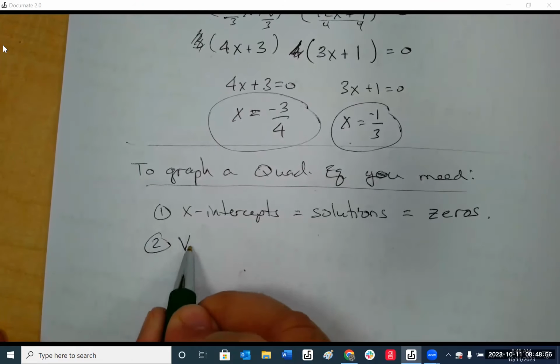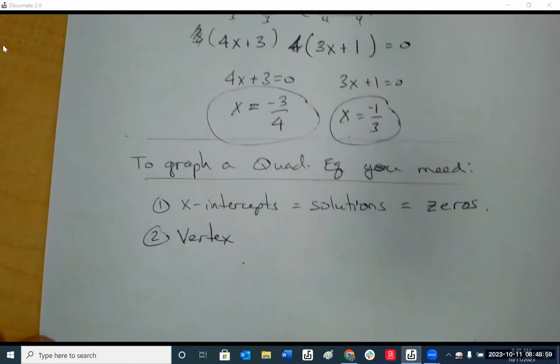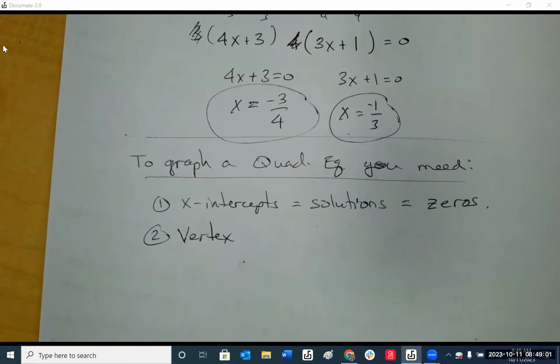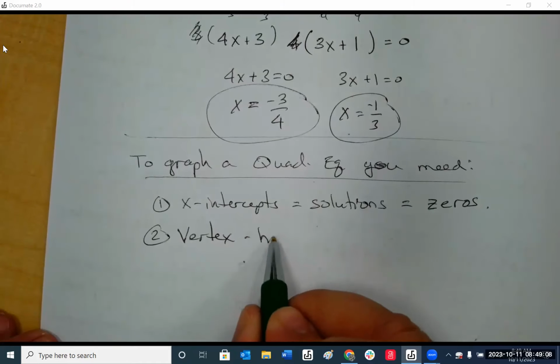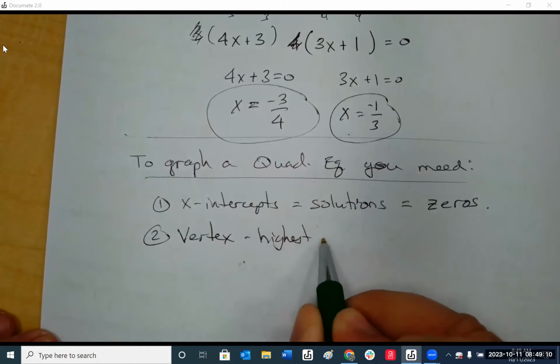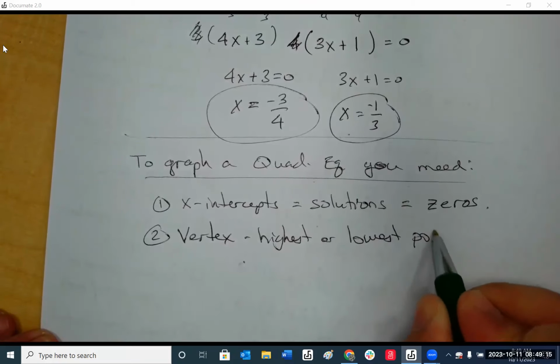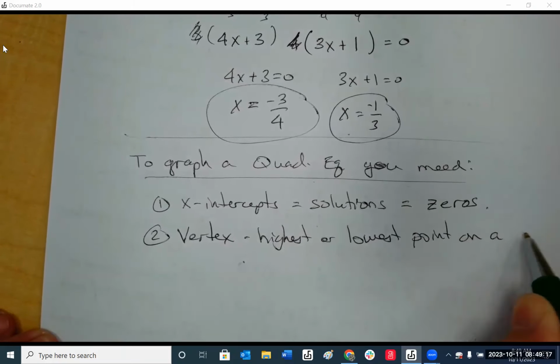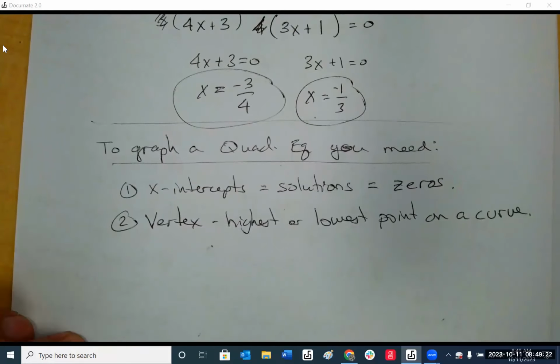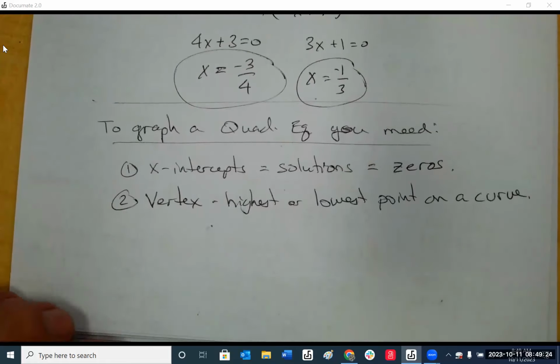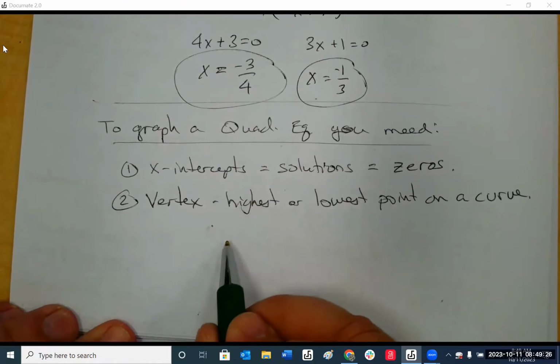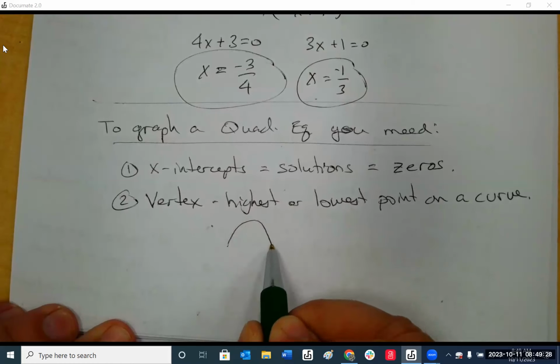We need something called the vertex. What is a vertex? The highest or lowest point on a curve. So it's the highest point if the graph looks like this.